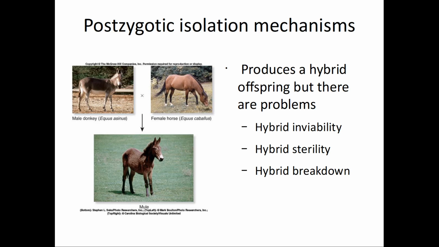All right, so postzygotic, these are isolation mechanisms that occur after mating, after basically the formation of offspring. So you could have a hybrid that is inviable, doesn't live, a hybrid that's sterile, it can't produce offspring, or hybrid breakdown, all right?